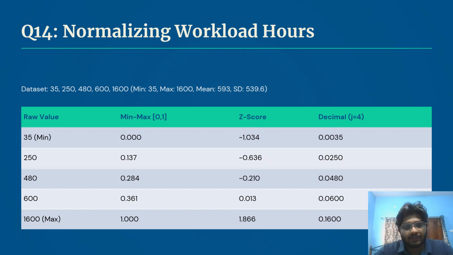The 35 score is -1.034. It is one step below the average. Z-score shows the relative position of each number more clearly than the min-max scale.